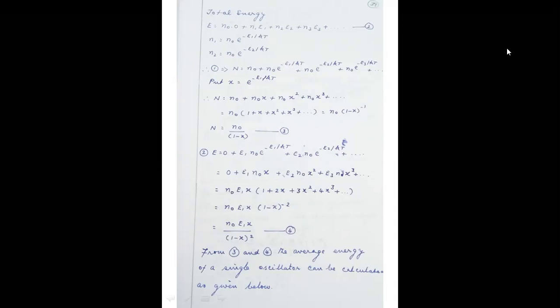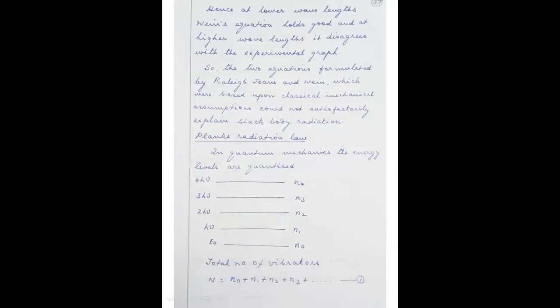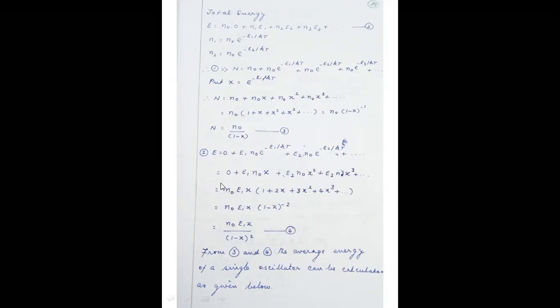Then minus E2 is nothing but minus 2E1, because in the previous case we said this is h nu, this is 2h nu, this is 3h nu, this is 4h nu. Therefore the exponents become minus h nu, minus 2h nu, minus 3h nu, and so on.